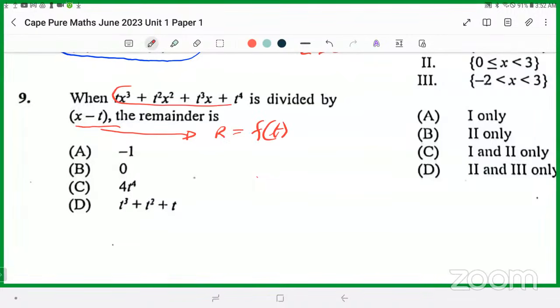So putting t everywhere in this, it is going to become t to the 4th power, t to the 4th power as well, t to the 4th power as well, and this is already t to the 4th power. So it becomes 4 times t to the 4th power. So the answer is this one.